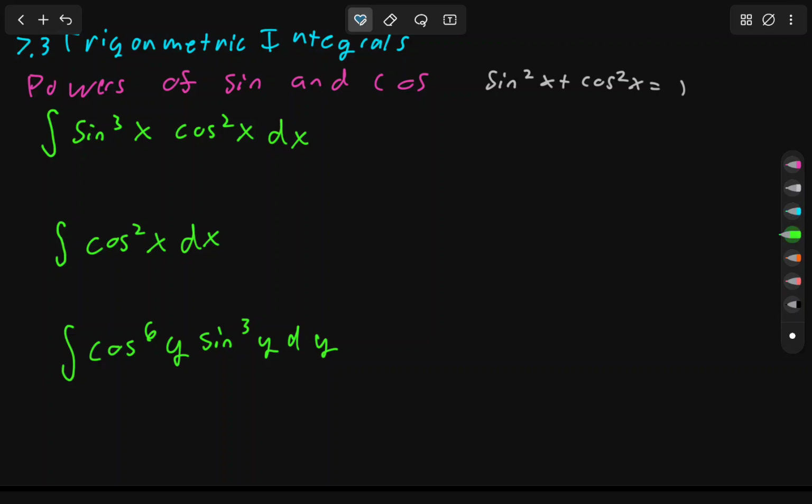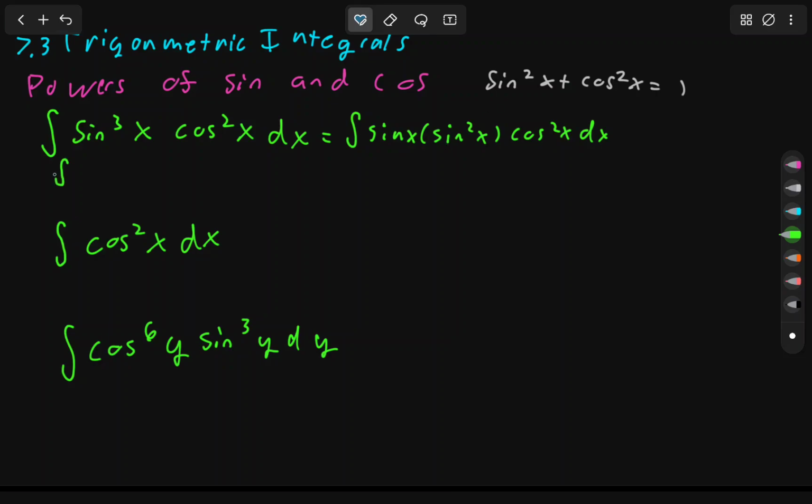The way we're going to do that is by saying that this is the same thing as the integral of sine of x times sine squared of x times cosine squared of x dx. Now we can use the Pythagorean identity up here to solve for sine squared.